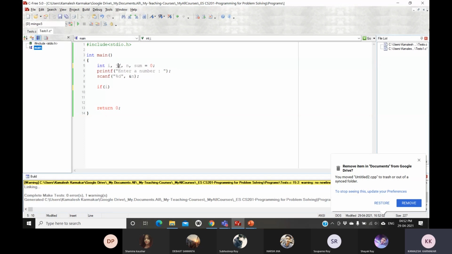I am removing this variable, so let me declare variable i and initialize another variable j. So i equals 10, j equals 10.